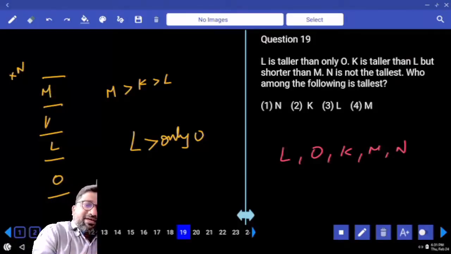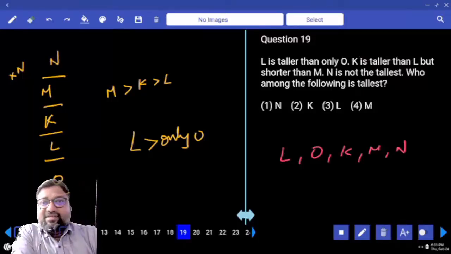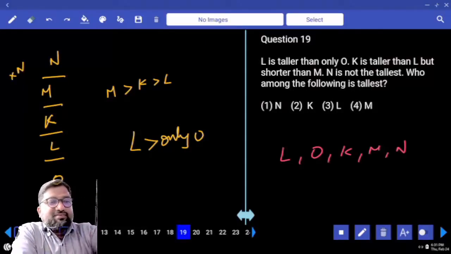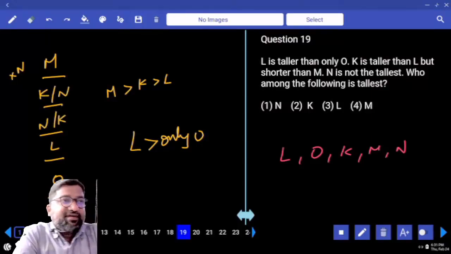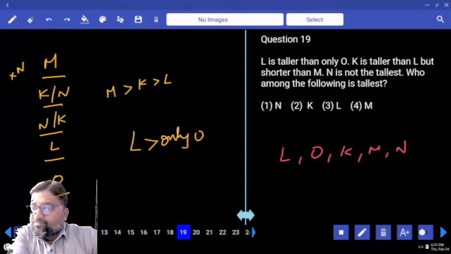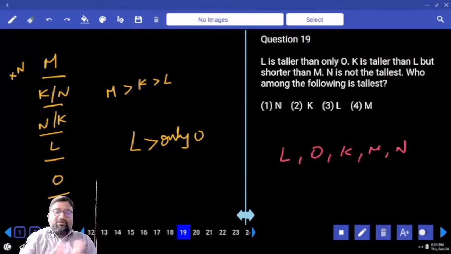If I take M and K here, there is only one person left out and that person has to be N. But the clue clearly says N is not supposed to be the tallest. So there is no other option. This has to be M. I am not sure with the positions of K and N. What's the question? Who amongst the following is the tallest? What's your answer?